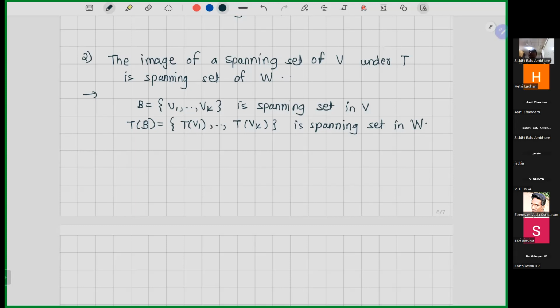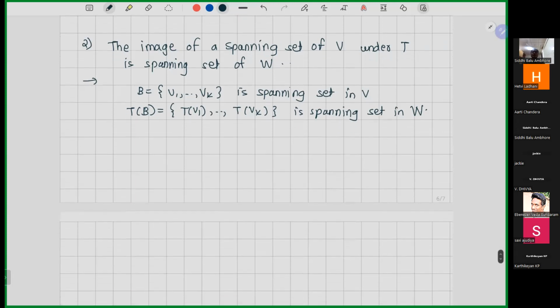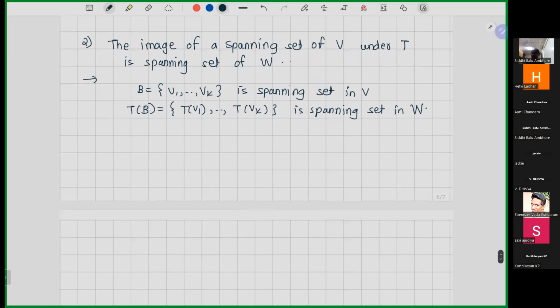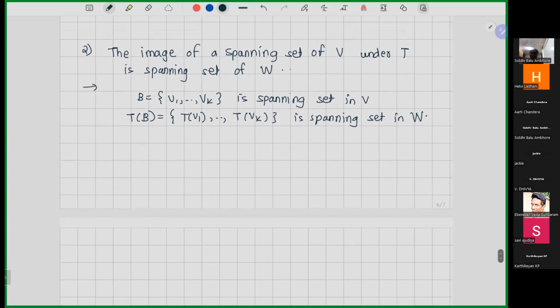A set containing 0 is linearly dependent, because we can always take a non-zero coefficient, and any non-zero coefficient times 0 will be 0. So this statement is not true in general. So we will see, we are now at the spanning set.